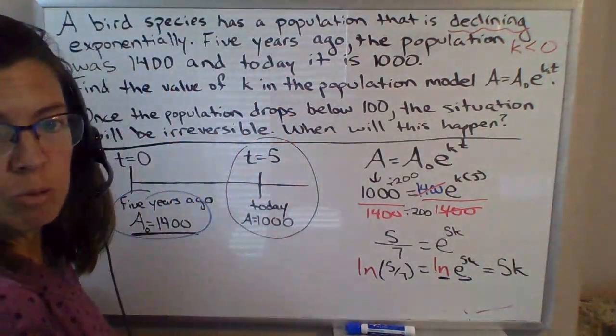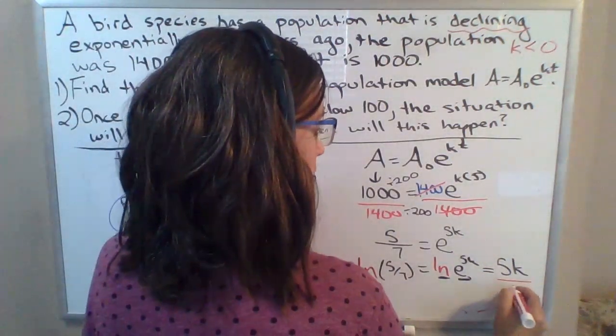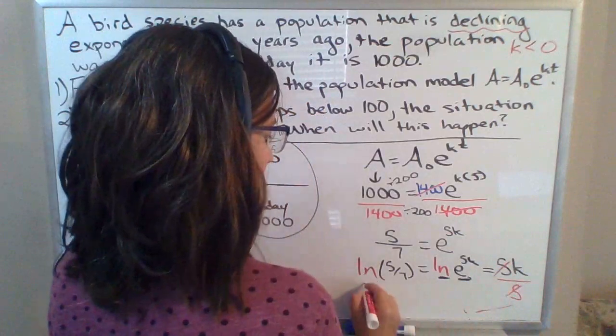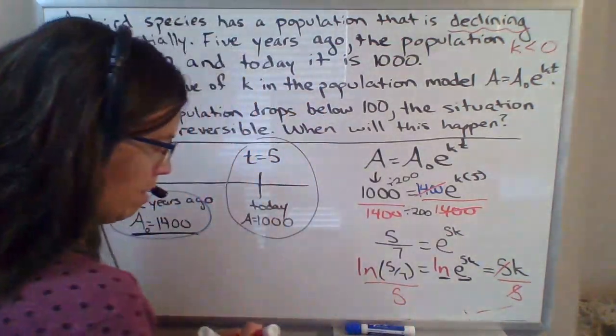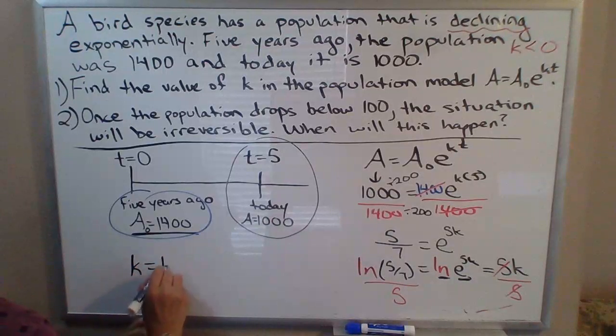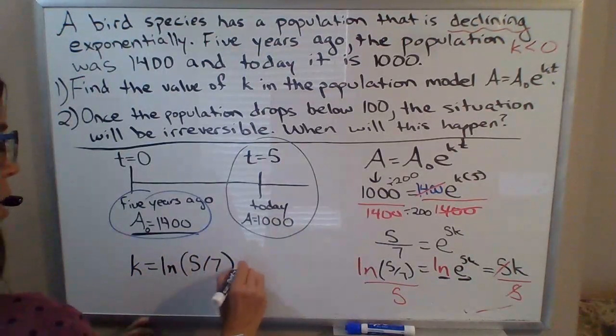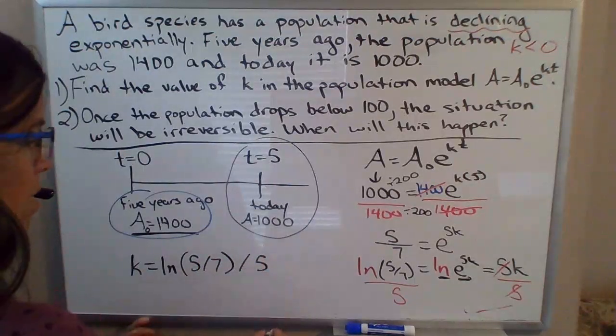It's just equal to the exponent. And so in order to isolate k, now we can just divide both sides by 5. So in order to find k, you should input into your calculator natural log of 5 divided by 7, close that parentheses, and then divide by 5.